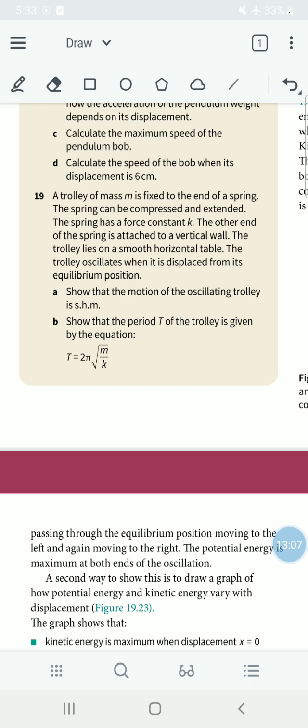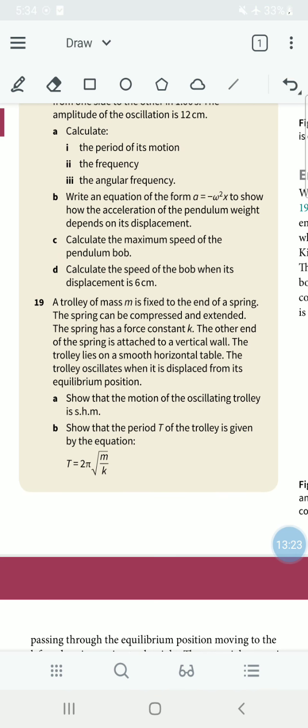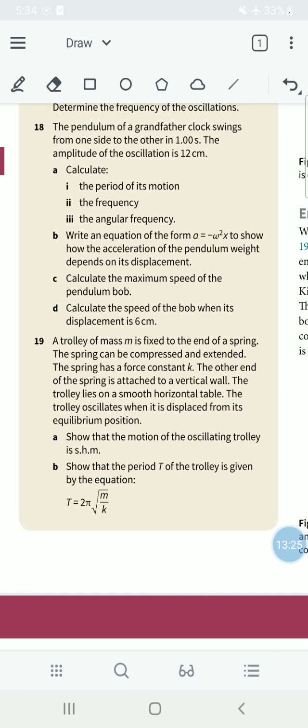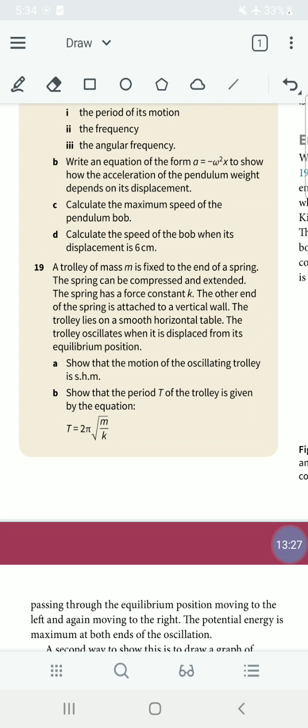So we found the angular frequency, that is 3.14 multiplied by 12, they have given 12 to be the amplitude. So when you multiply those two together, 3.14 into 12, you will get 37.6 centimeters per second.